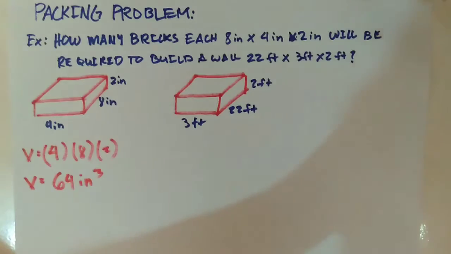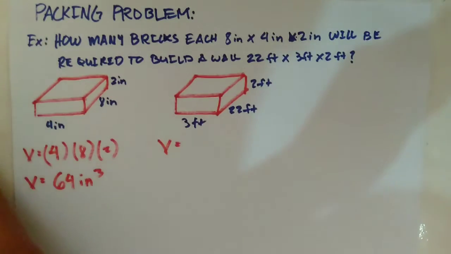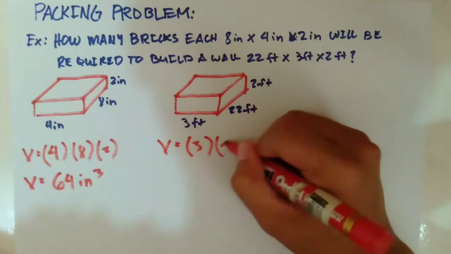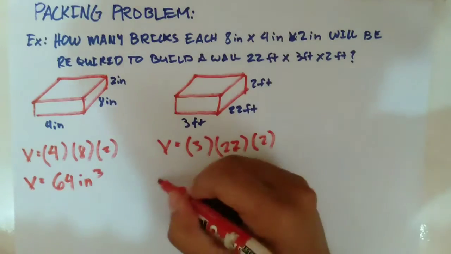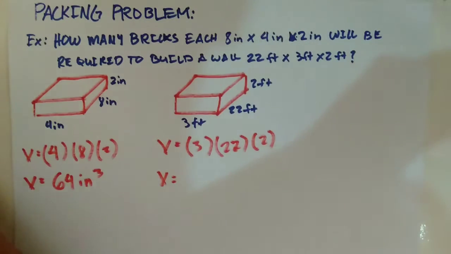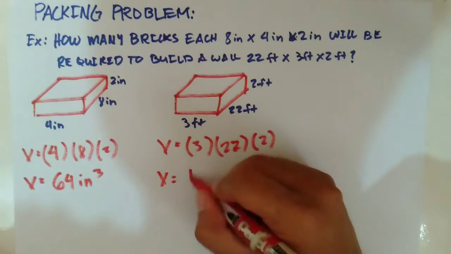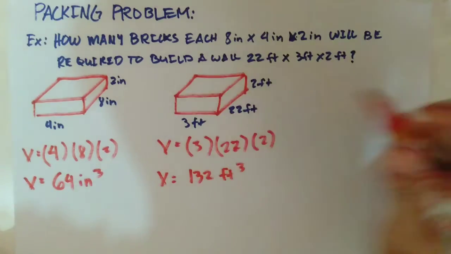So now we need to identify the volume of the wall. Same process: 3 feet times 22 feet and 2 feet. So 3 times 22 times 2 is 132 cubic feet.